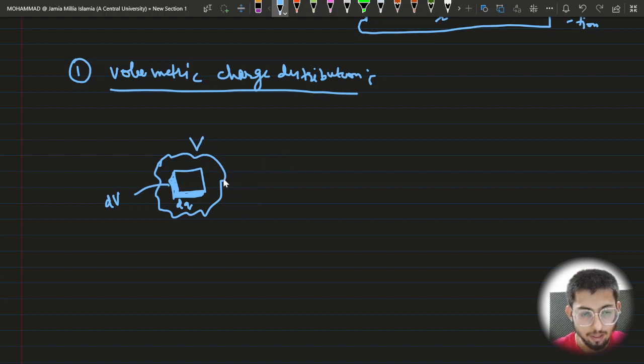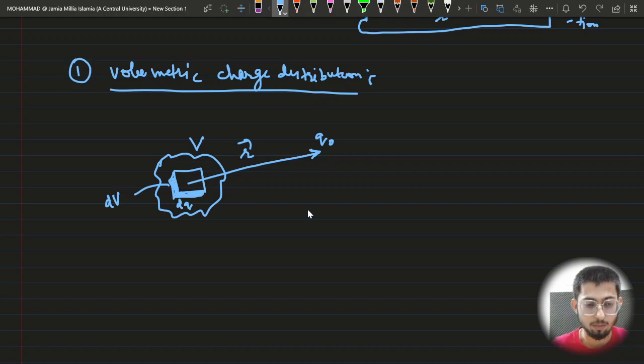Now again take a point at a distance r, which is, let's say, we want to find the force on q naught at a distance r away from it.